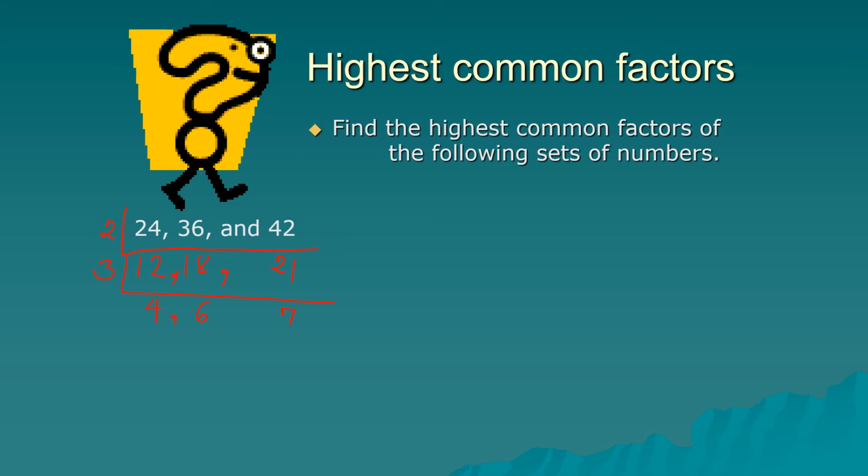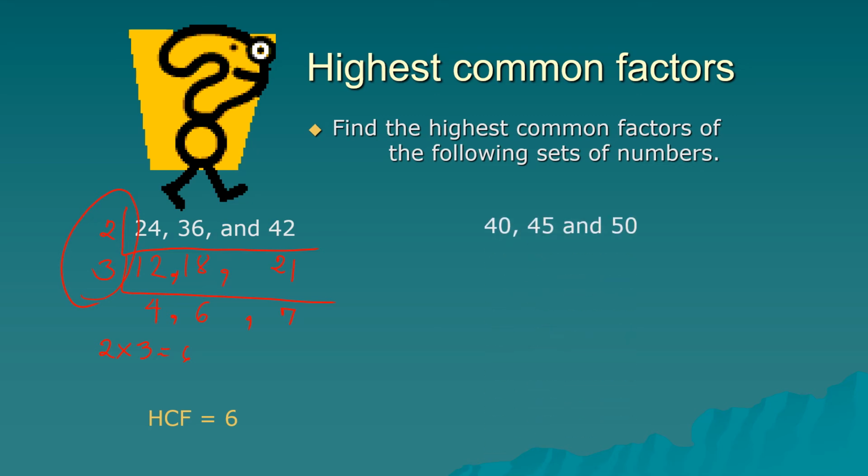Now 4, 6, and 7, I don't think there is any other number that could be a common factor for 4, 6, and 7. So these are our common factors. Now to get the highest common factor, we'll multiply them. 2 times 3 is 6. So our highest common factor is 6.